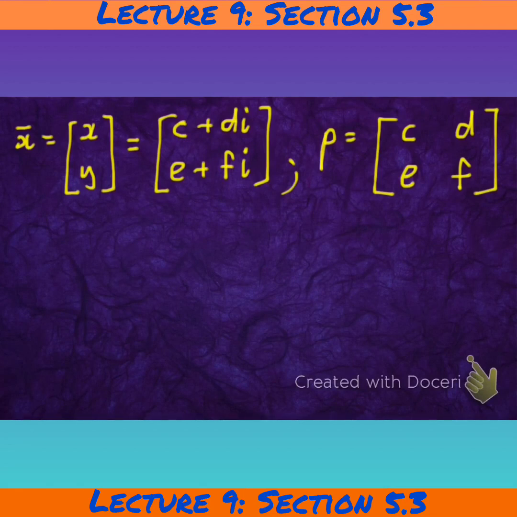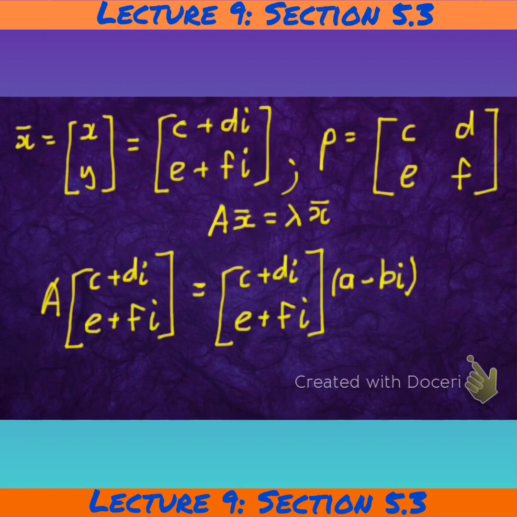So remember now, if you take this equation here, then AX is lambda, where lambda is now that complex number, multiplied by that vector there. So that translates into this equation. So that's my X, that's my lambda, and that's AX.